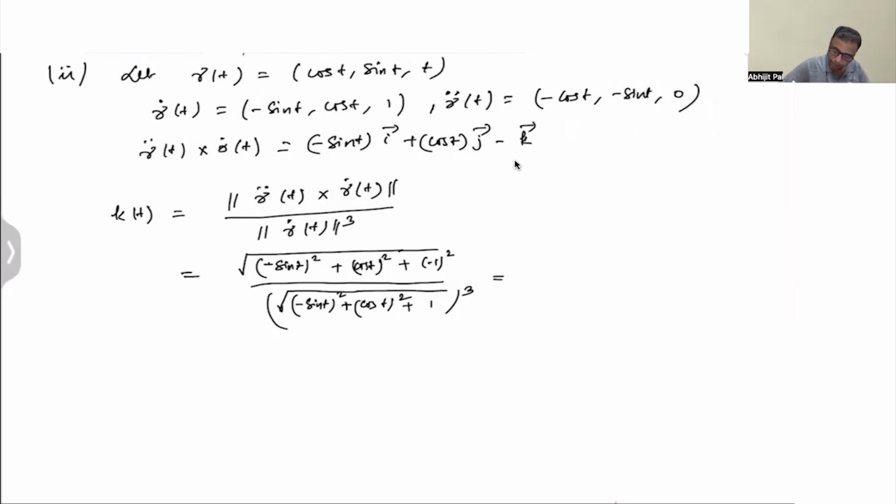So in the numerator we have root 2, divided by root 2 cube. So this k(t) will be equal to half. Okay.